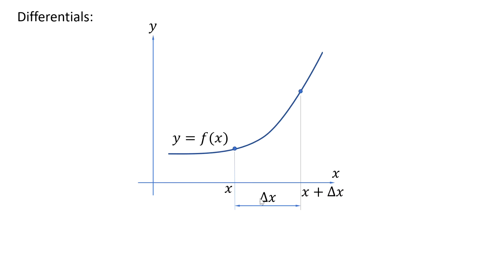So what I'm trying to say is, when you go from one point on the left to another point on the right in the graph, the change in the x value is equal to delta x. Did you get that? The change in the x value when you go from the point on the left to the point on the right is what is called delta x.